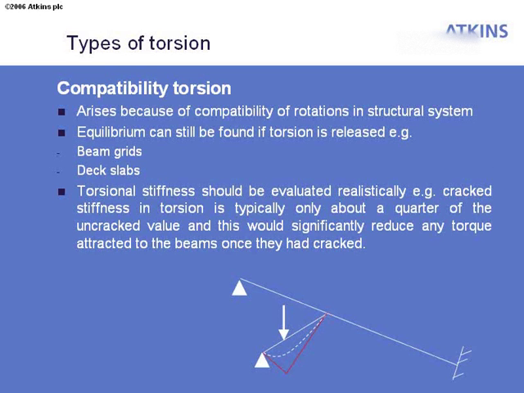So that's an example of compatibility torsion, and the Eurocode basically says as long as you have a system that remains in equilibrium, then this sort of torsional effect you can shed by being clever with the section properties. What the Eurocode is not saying is that I can just ignore the fixed end moment without looking at the effects of increasing the sagging moment. But it is saying that you can vary the section properties to shed these compatibility effects, providing you have equilibrium at the end of it.